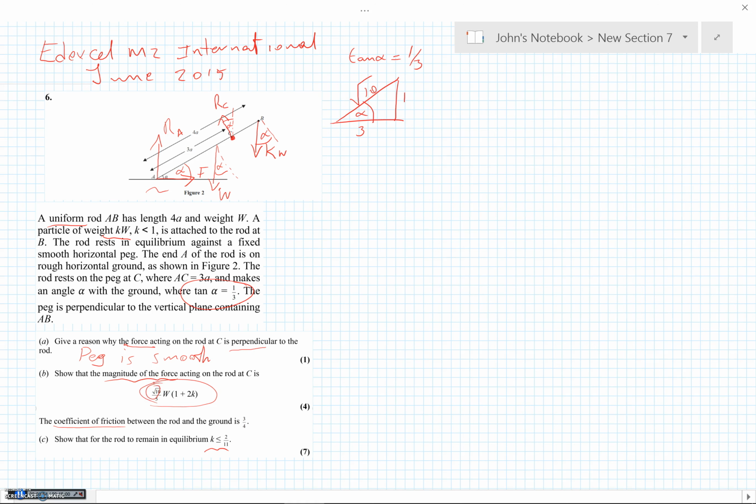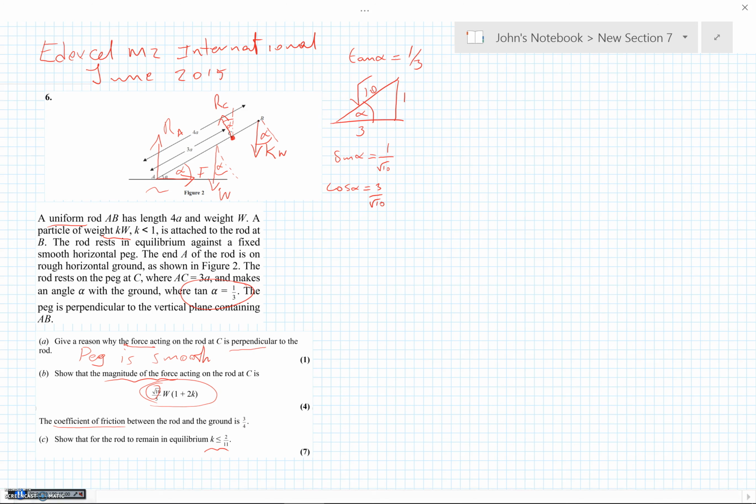It's amazing how these things fit together if you think about things carefully and systematically. So that means sine alpha equals 1 over the square root of 10, and cos alpha is 3 over the square root of 10. Right, so that's going to help us in a moment.